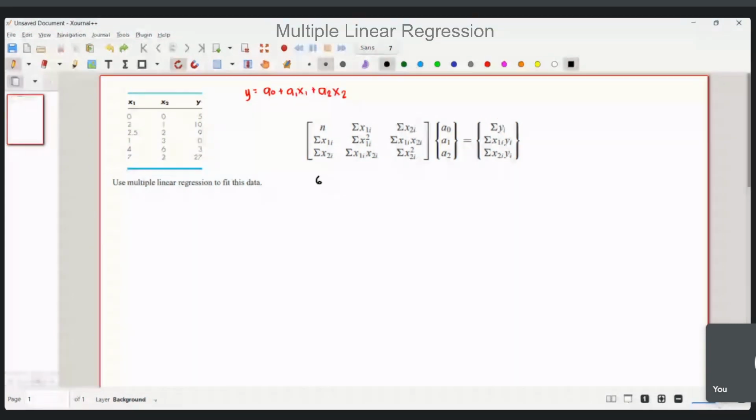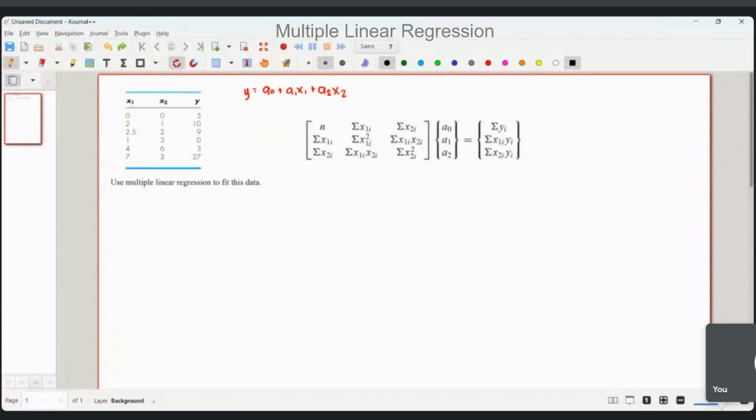Let's try to check first. We need to find it first. So we have here x1, we have x2, and we have our y.